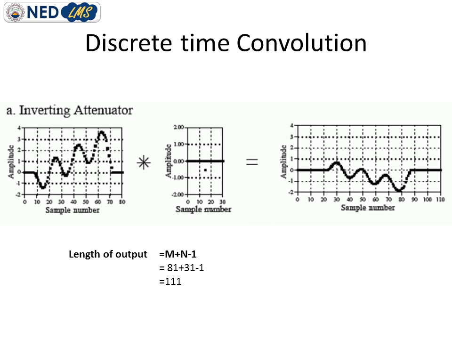Using the formula M plus N minus 1, 81 plus 31 minus 1 becomes 111. So our output signal will have 111 samples, which is also proved from the plot. We get 111 samples.